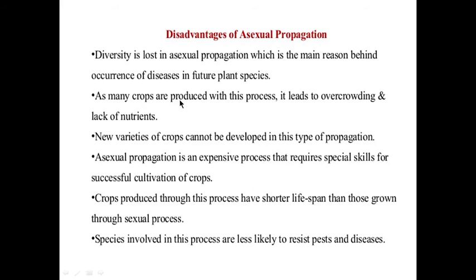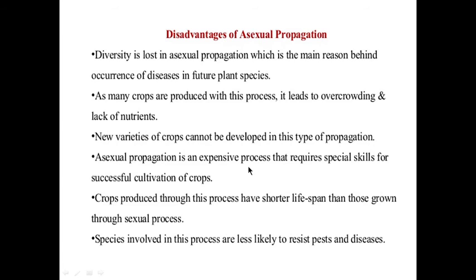As many crops are produced with this process, this leads to overcrowding and lack of nutrients. New varieties of crops cannot be developed in this type of propagation because the genetic makeup of the mother and daughter plant is the same.